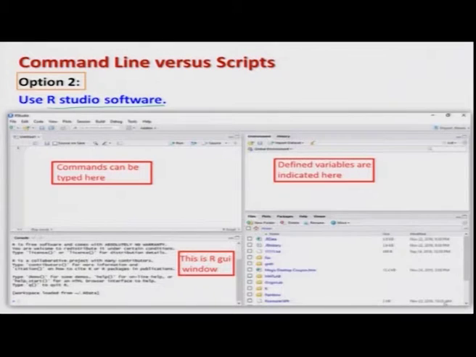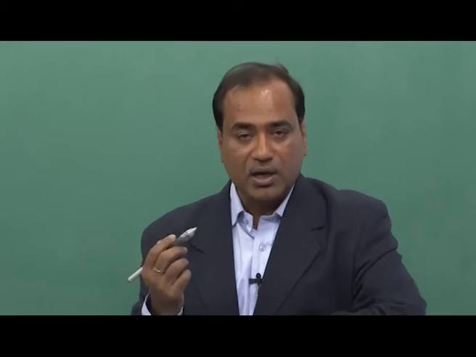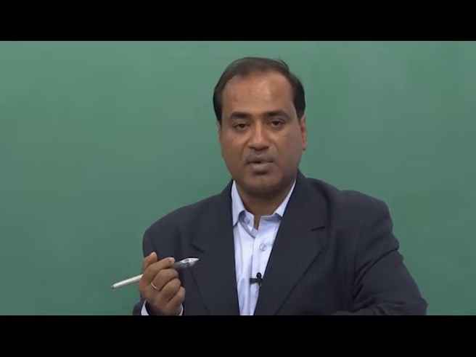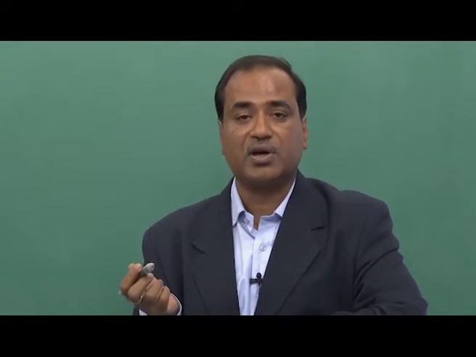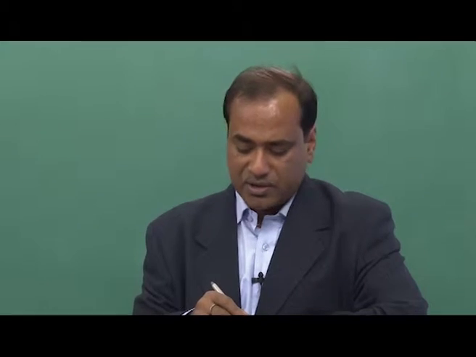I have taken a screenshot of the same R Studio window with the objective of explaining all the things one by one. You can see that this is the window where we type our commands. Whatever commands we want to execute, either a single line command or a multi-line command or the entire file of commands, we type over here.